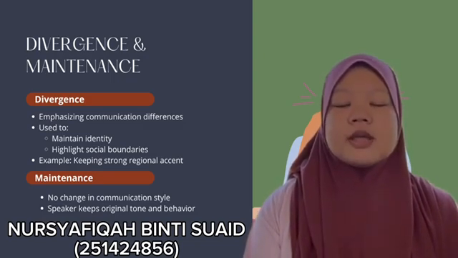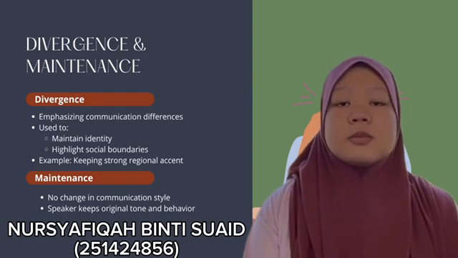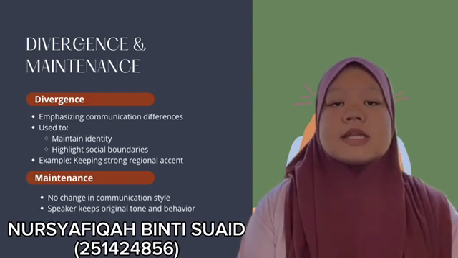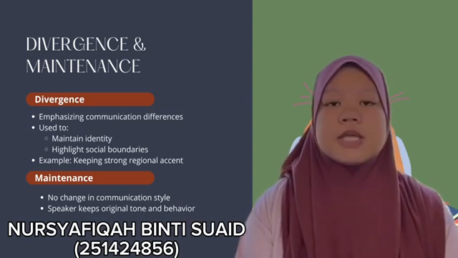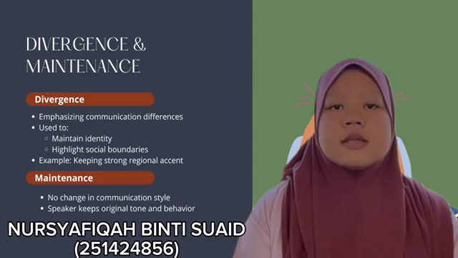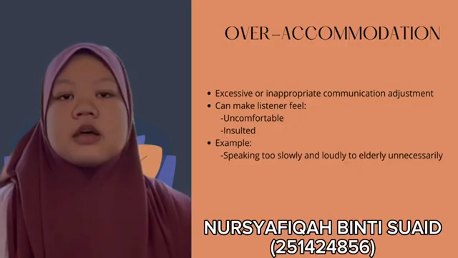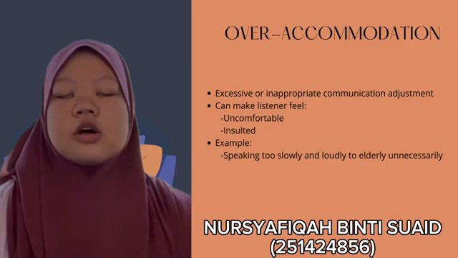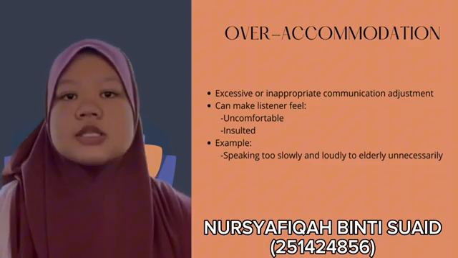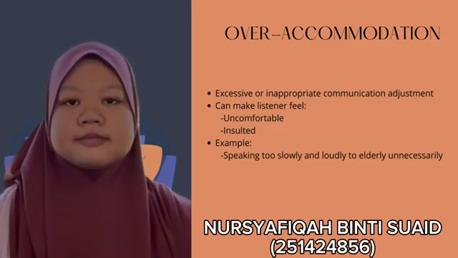Divergence happens when a speaker emphasizes differences in communication to show distance. Next, maintenance. Maintenance happens when a speaker doesn't show any different tones in communication with other persons. And the last one is over-accommodation. Over-accommodation happens when a speaker over-adjusts their tone in unnecessary ways. That's all for me.